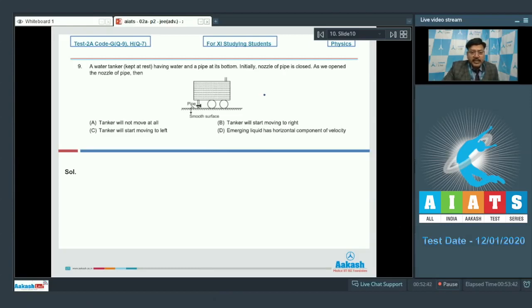So considering all this, we see that option B is correct, and option D is also correct. Options A and C will not be correct. So for question 9, by simply conserving linear momentum horizontally, we get the answer, and options B and D are found to be correct. Let's go to the next question now.